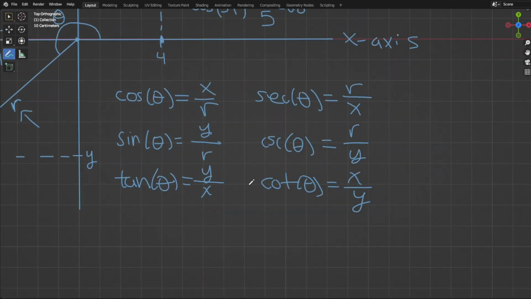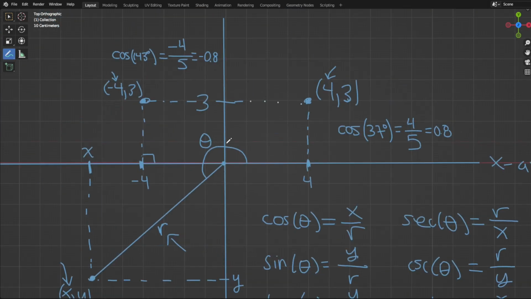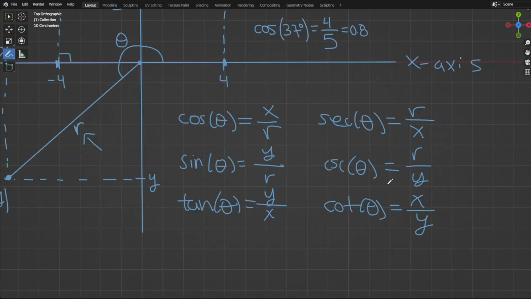But we can see that these are kind of related. The cosines are sort of related to the secant. But let me just make some notes about the secant. If x is 0, so if you put a coordinate along the y-axis where x is 0, this secant doesn't make much sense.